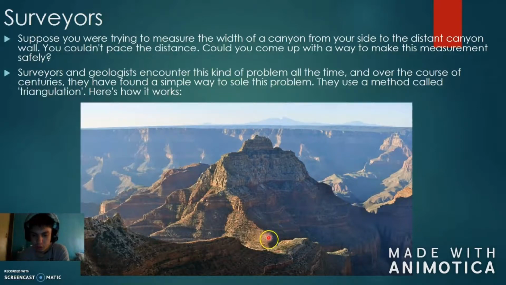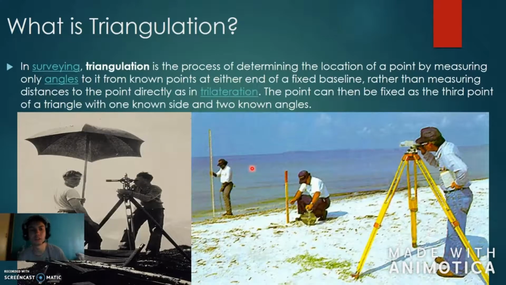You cannot just point a laser or your surveyor gadget, otherwise you would only be measuring the distance from here to here. So how can you come up with a method? Surveyors use this method called triangulation.